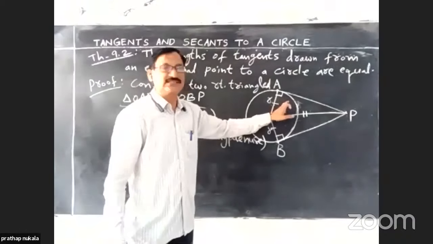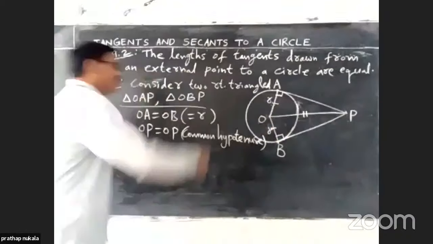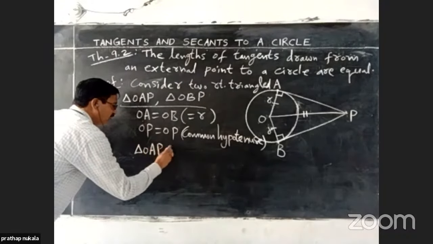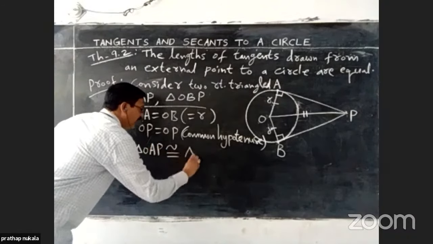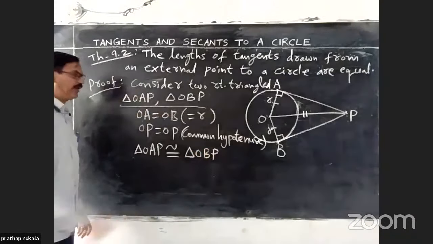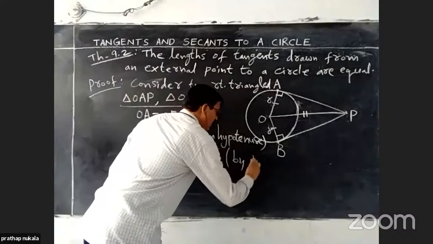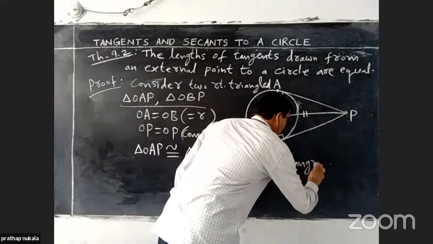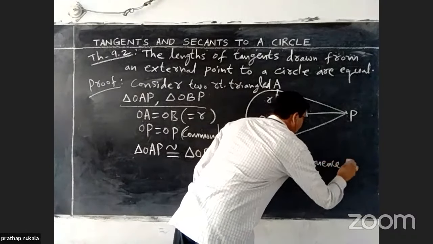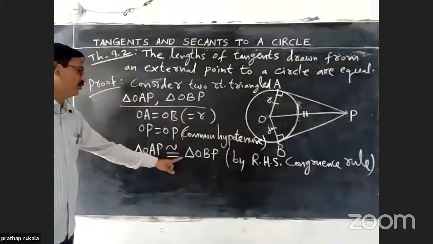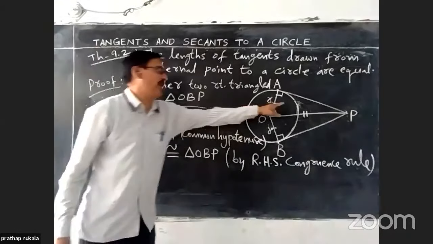Therefore, by the RHS property, triangle OAP is congruent to triangle OBP by the RHS congruence rule. We can say these two right triangles are congruent.